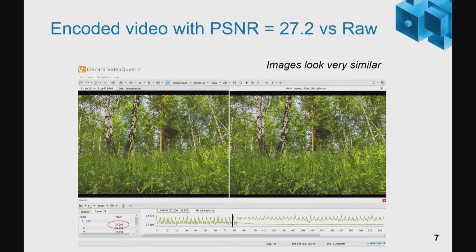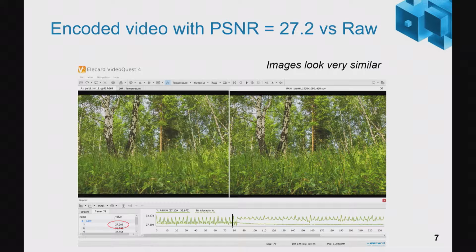I expected that for each frame, for each video, for each given PSNR, I could say what the real quality of this video or of this frame is. So I took a look at those 2 frames. Original on the right and compressed on the left. PSNR between those 2 frames is 27, which is actually completely bad.